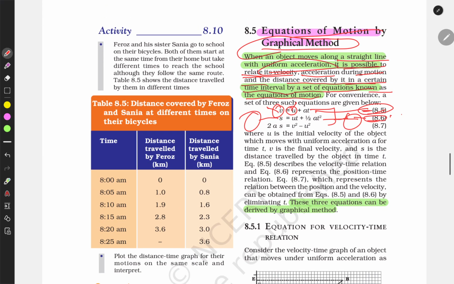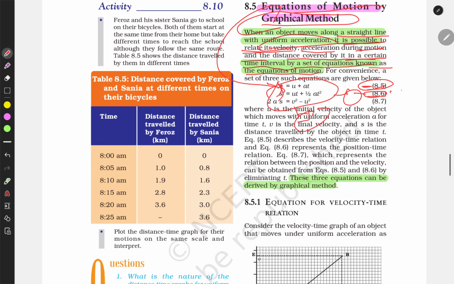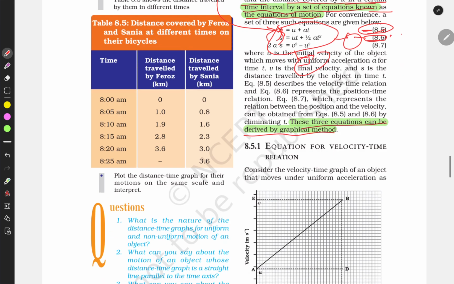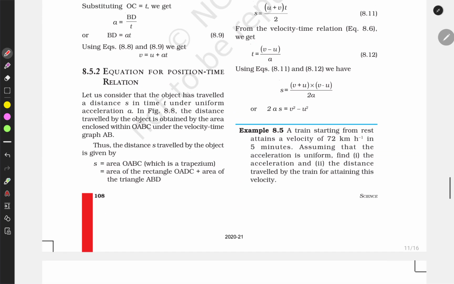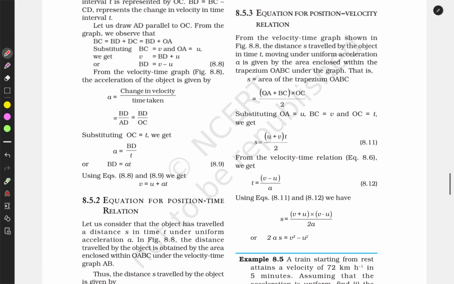In 11th class, we will discuss these laws of motion further, and also we will know how these equations came from these graphical methods, and we will also derive them. These three equations can be derived by graphical methods. Actually, these are the derivations.